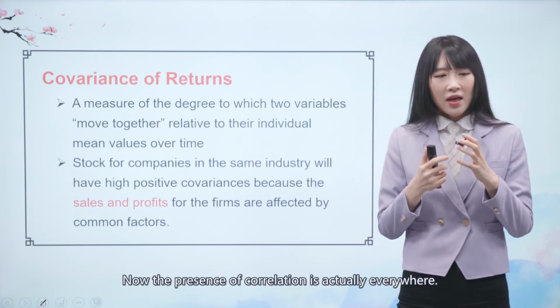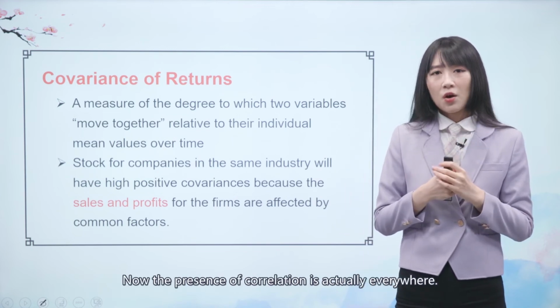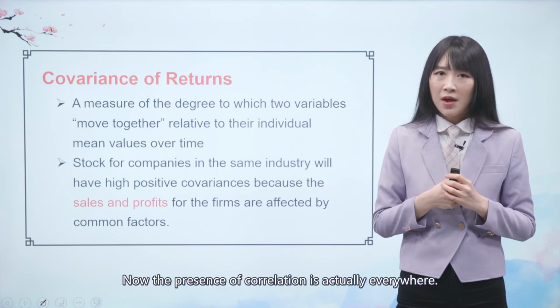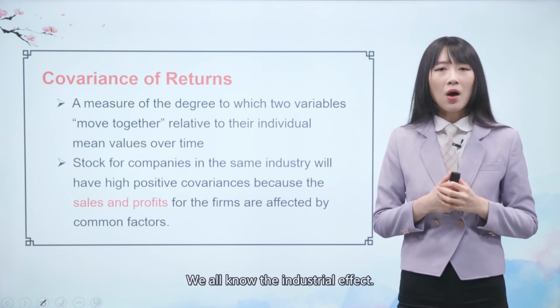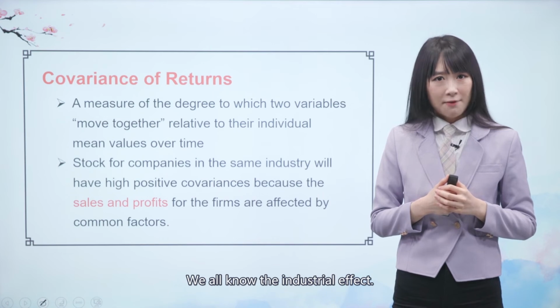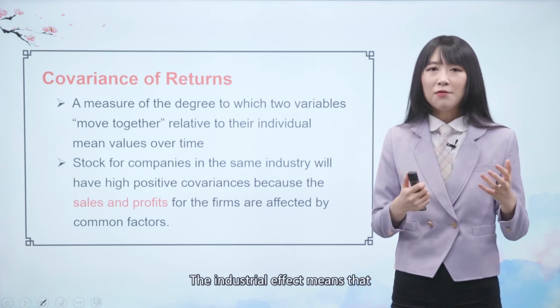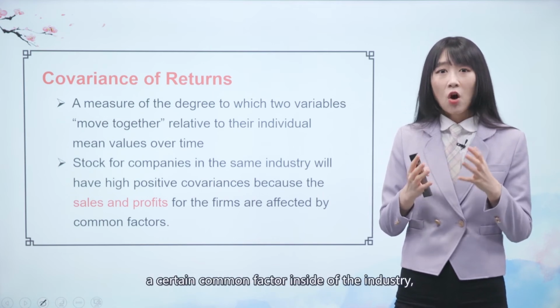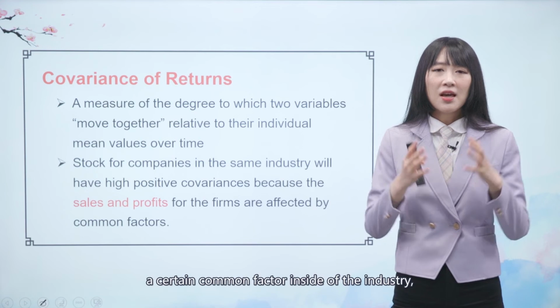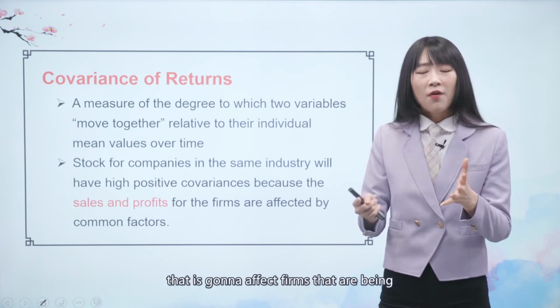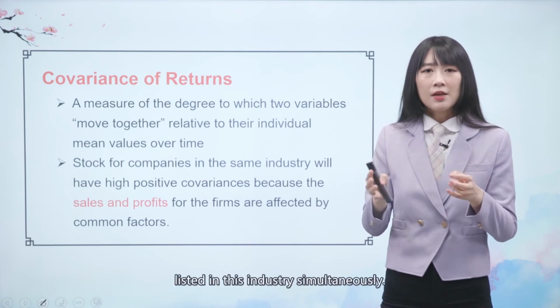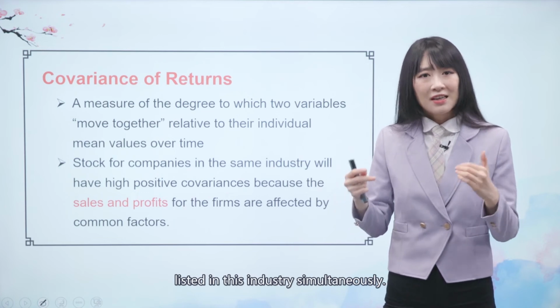Now, the presence of correlation is actually everywhere. Let's make an example from reality. We all know the industrial effect. The industrial effect means that a certain common factor inside of an industry affects the firms listed in this industry simultaneously.